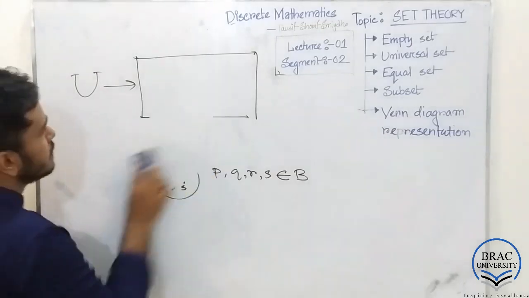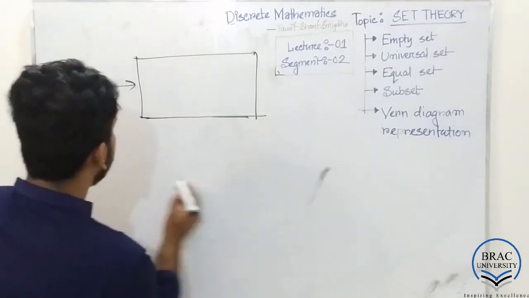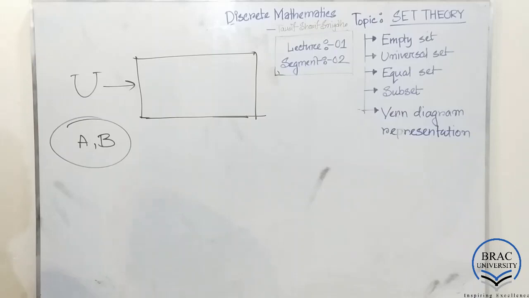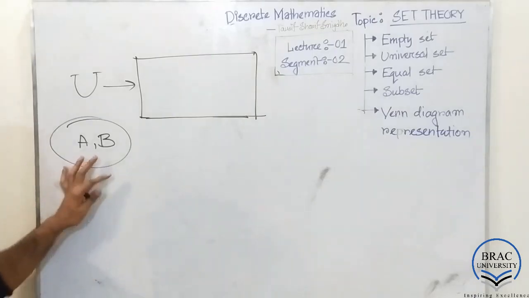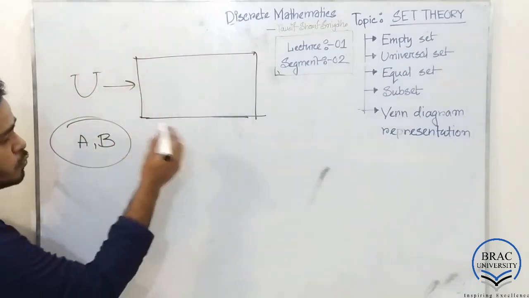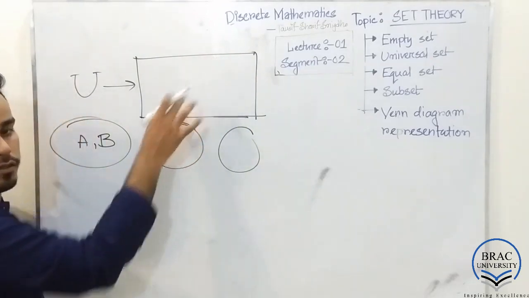So let's see, if A and B are two sets that we are considering now, where should we put those two circles here in this diagram? Should those circles be outside this rectangle?